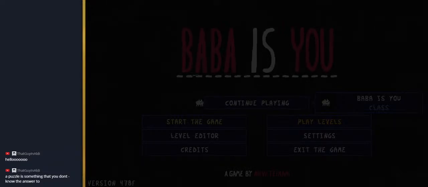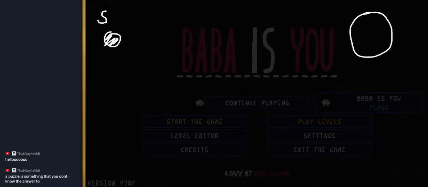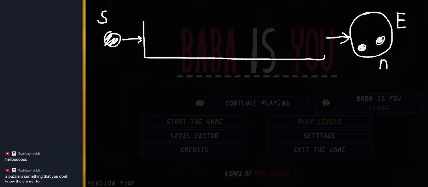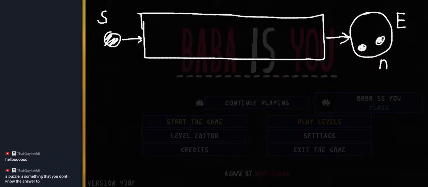So a typical puzzle can be defined as one starting state, a subset of states that are called the ending states, connected by an unknown set of states and actions that leads from the start state to the end state.